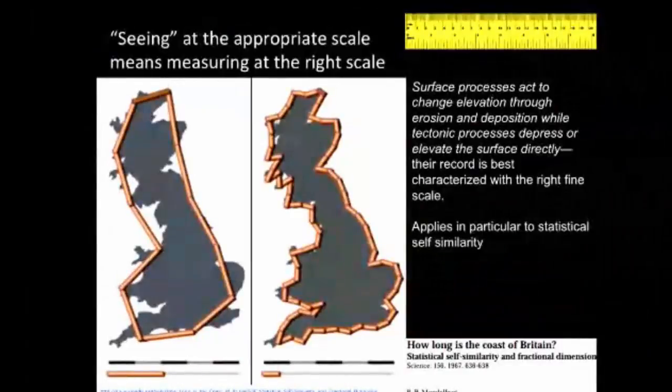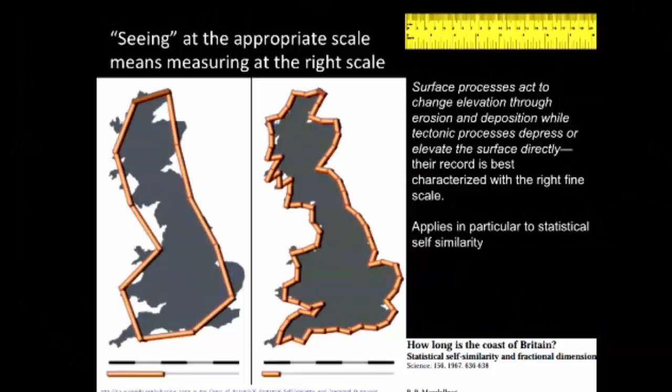So here's one thing I thought I'd try explaining: why is it that the shorter your ruler is, the longer the coast of England becomes? The shortest distance between two points is a straight line, right? So if you make your ruler shorter, then you can measure more distances. This is usually used for statistical self-similarity or fractal discussion, but it's exactly relevant for our discussion.